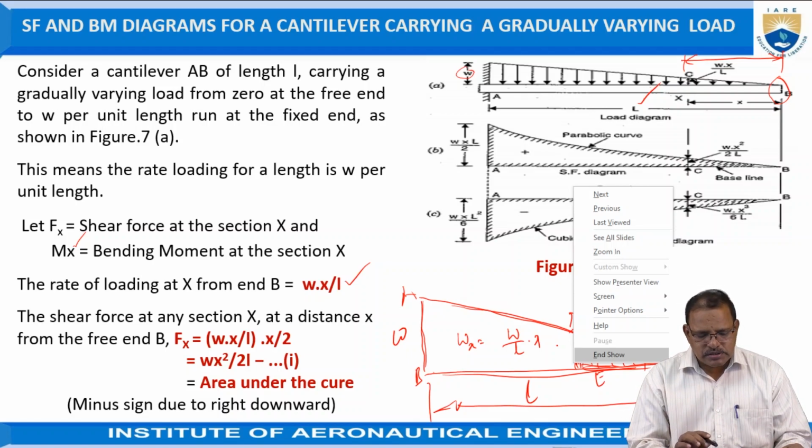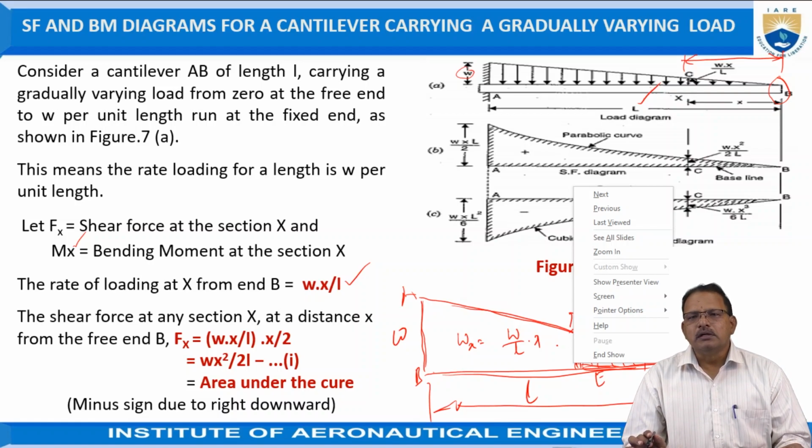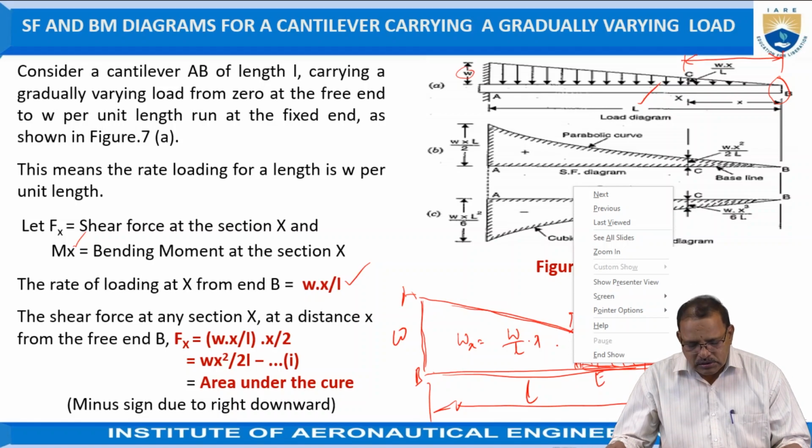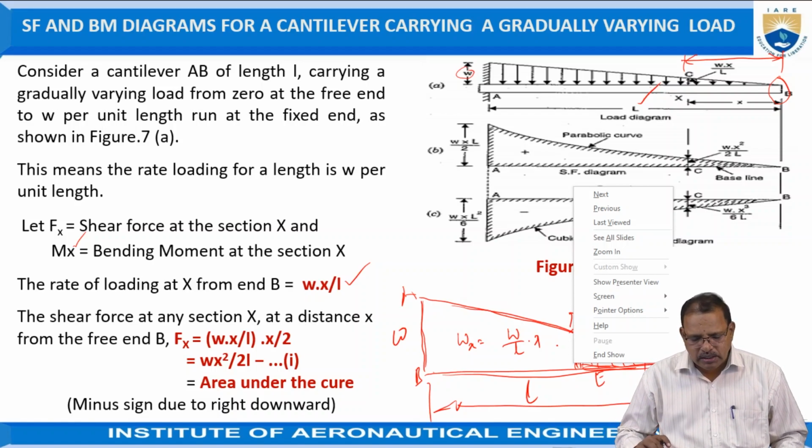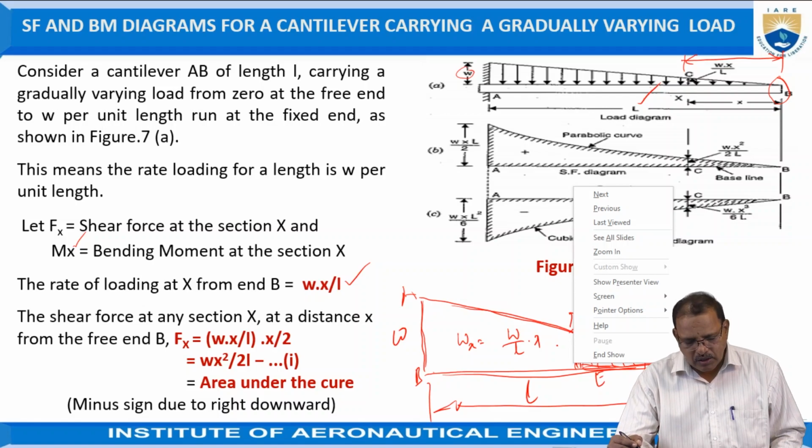So the shear force at a distance x from the free end is W into x divided by L into x by 2, also written as W x square by 2L, which is the area under this curve. Since the load is acting in the downward direction, the shear force is treated as positive.